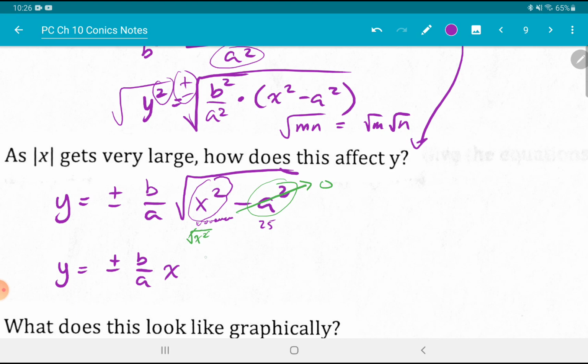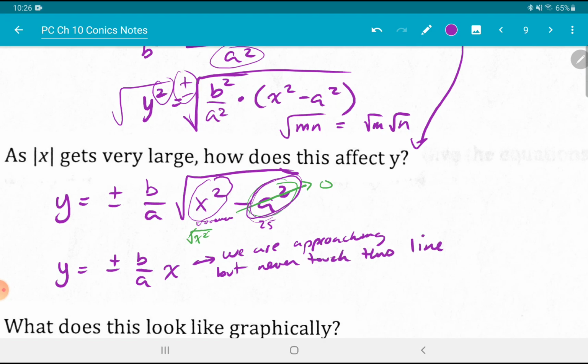Okay, but however, remember that technically this really wasn't 0. The a squared technically is there. So this is just approaching this line here. We are approaching, but we will never touch this line.